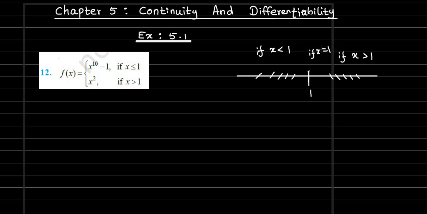For that we have to check the exact value f of 1. Not only that, we also check the close values of 1 on both the left hand side and the right side, whether they approximately equal f of 1 or not. Infinitely many close values are there, and we can't check them one by one.